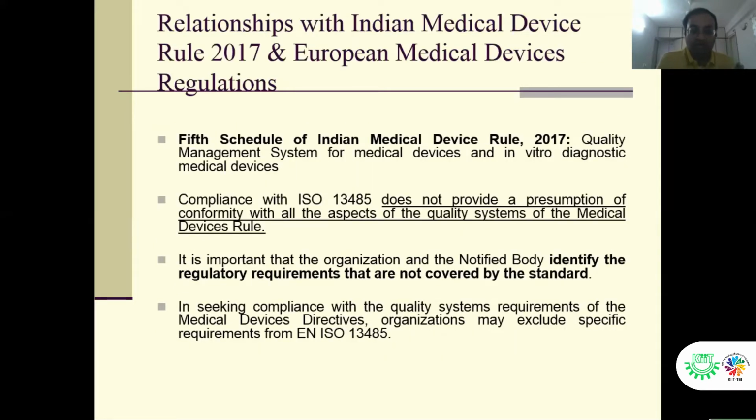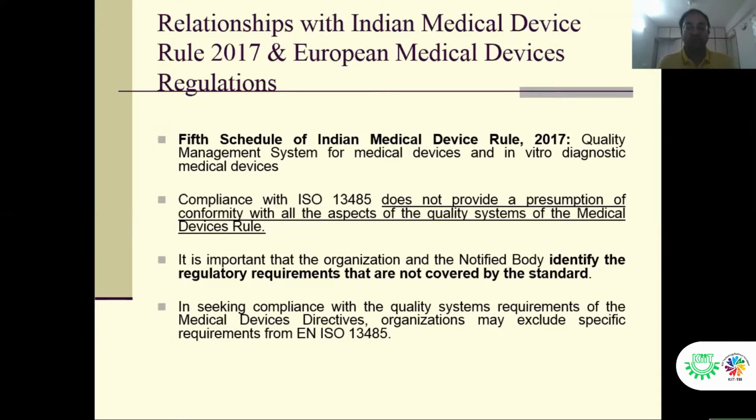Now, 13485 has a direct relationship with the Indian Medical Device Rules 2017 and also with the European Medical Device Regulations. The Fifth Schedule of the Indian Medical Device Rules 2017 talks about the quality management system for medical devices and in vitro diagnostic medical devices.